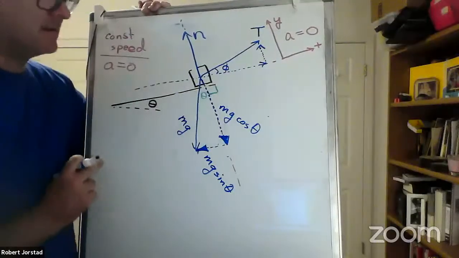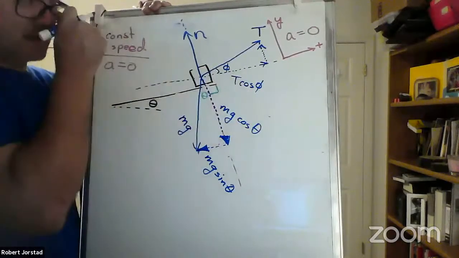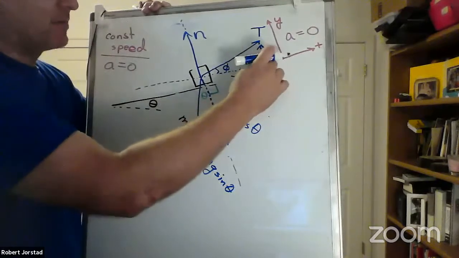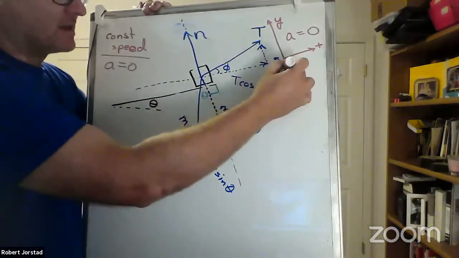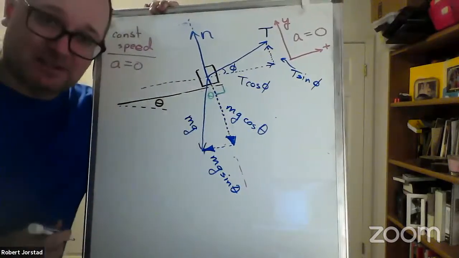Is it t sine phi or t cosine? T cosine, adjacent to phi. So cosine's got adjacent, this is adjacent. So that means this one up here is going to be t sine phi. And now we've actually split this thing up.